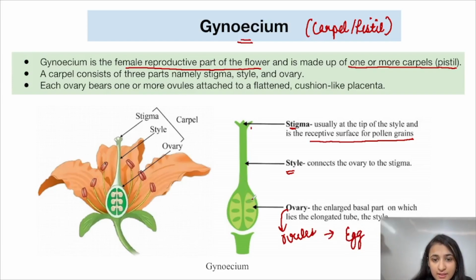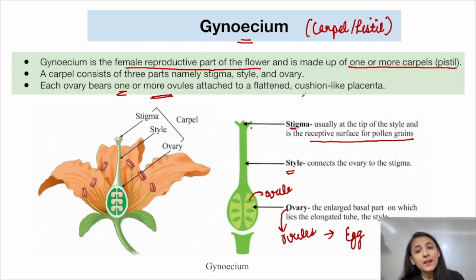So these structures here, these green ovular structures are ovules. Each ovary bears one or more ovules attached to a flattened cushion-like placenta. So an ovary can contain one ovule or more than one ovule, and each of the ovules is attached to a flat cushion-like tissue which is known as the placenta.